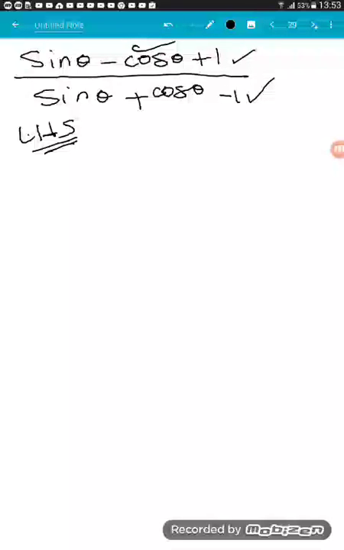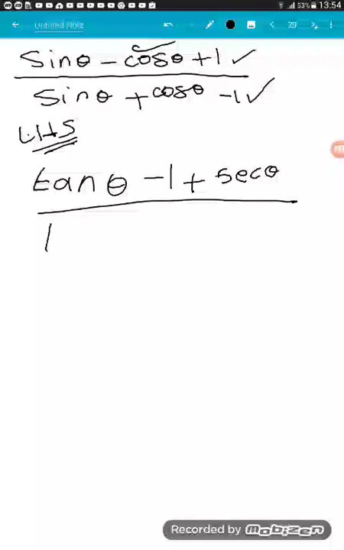So it will become sin theta by cos theta, which is nothing but tan theta, and minus 1 plus by cos theta is nothing but sec theta. In my problem solving from next onwards, I will not be able to write the full denominator.